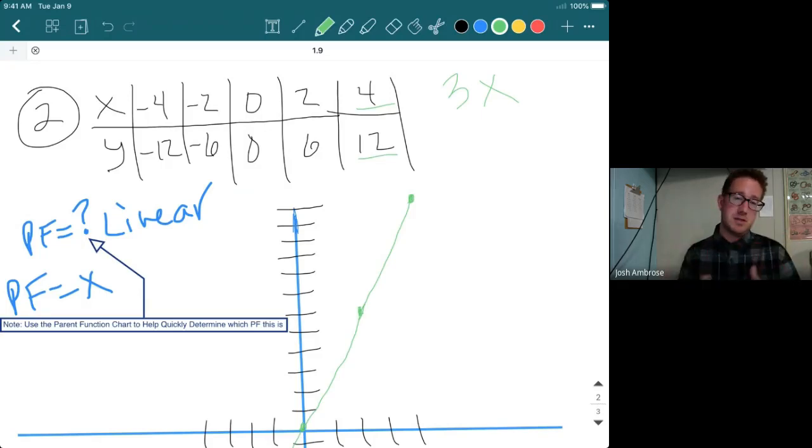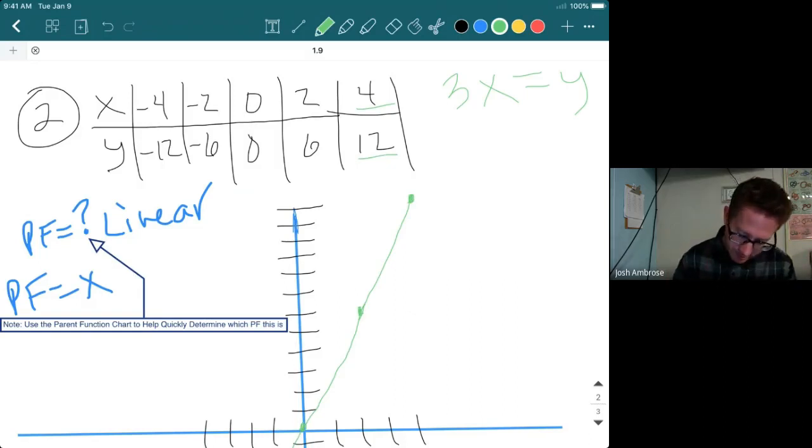So this is really what the equation looks like. So I took the parent function y equals x, and I did something to it. I multiplied by 3. Now look back in the last section. What happens if you multiply something in front of x? You are stretching the original parent function.